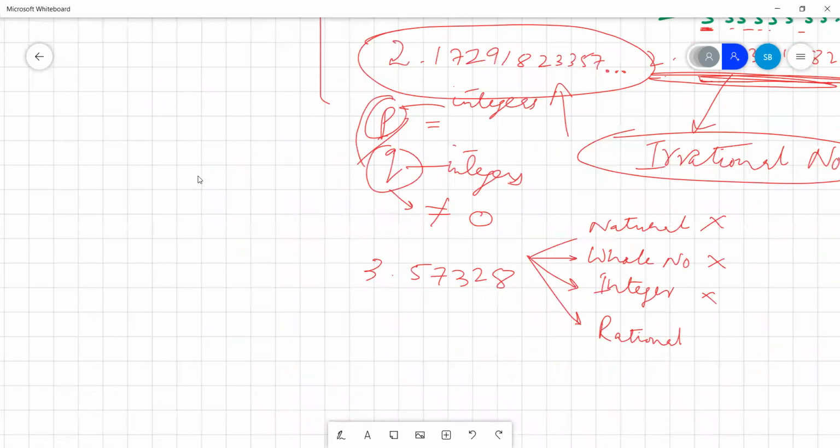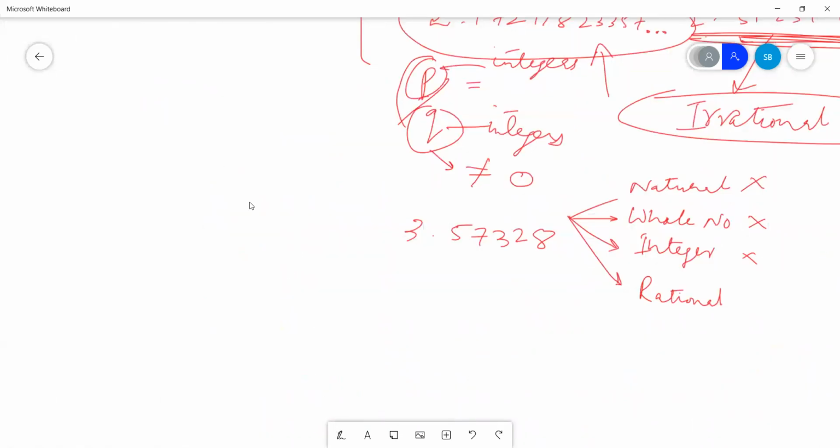I'll tell this again because see, we're having a decimal number, for example, 2.5. This can be expressed in fractions, 25 by 10 or 5 by 2.